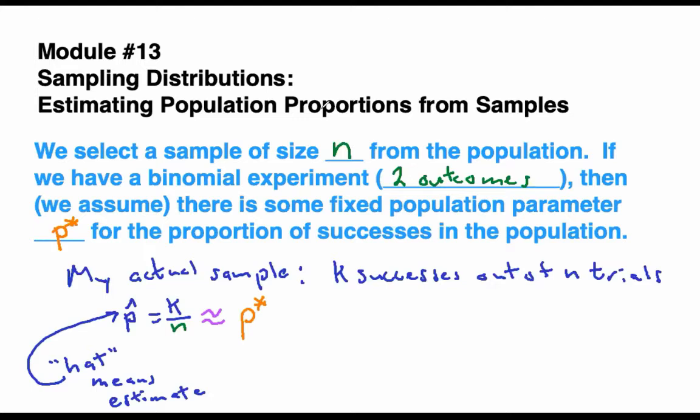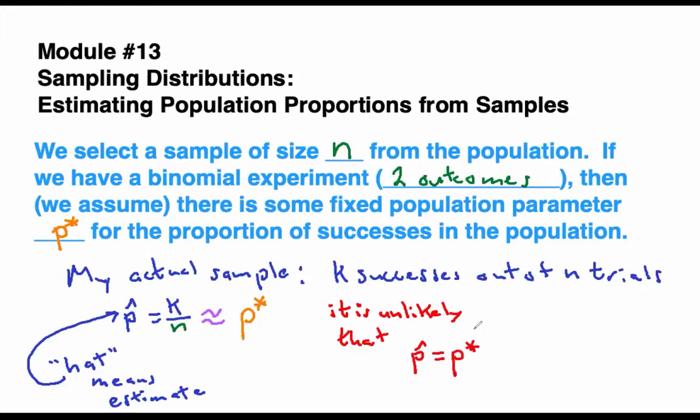Now again, recall it's unlikely. It's unlikely that p hat, our estimate for the population proportion from the sample, is going to equal p star.